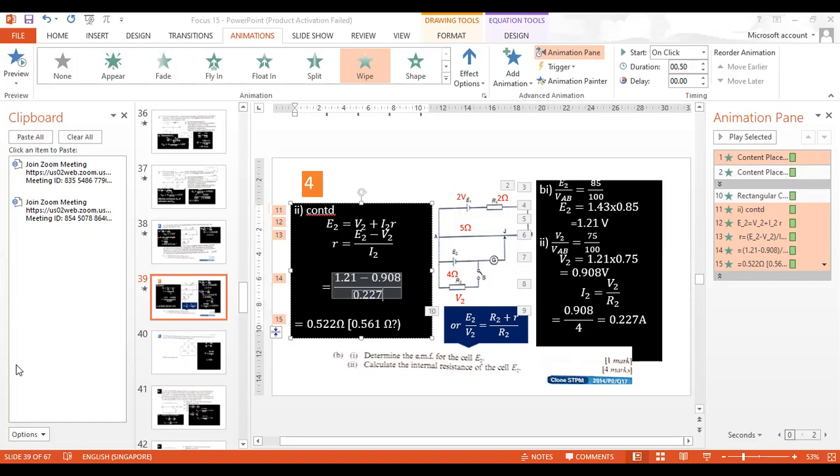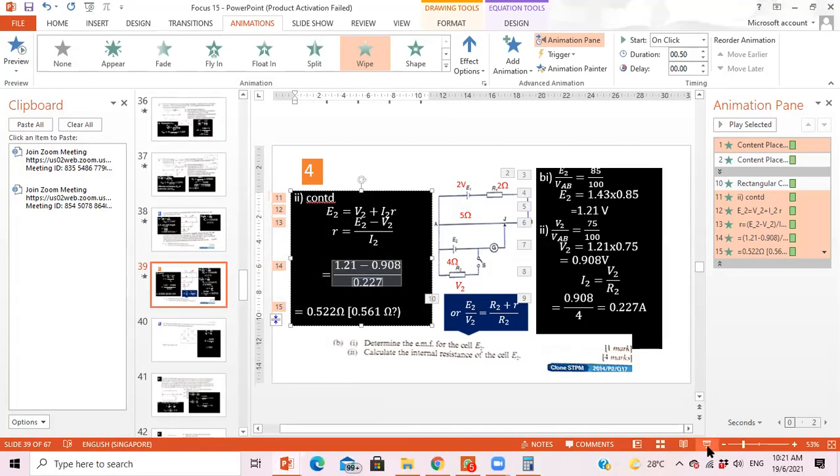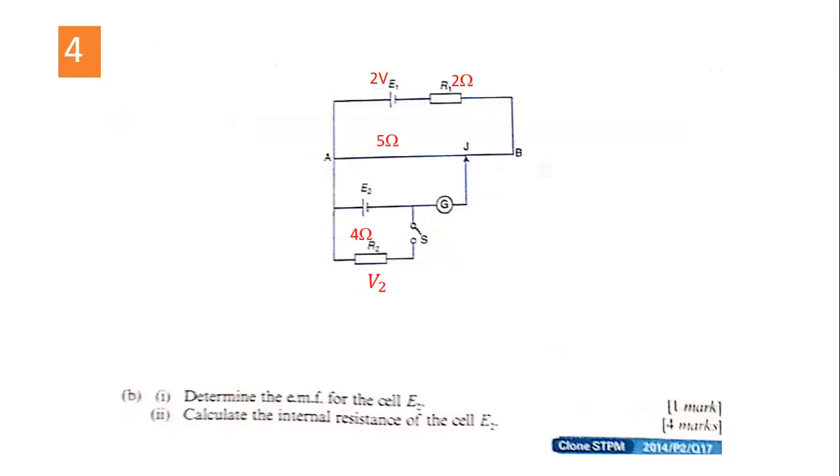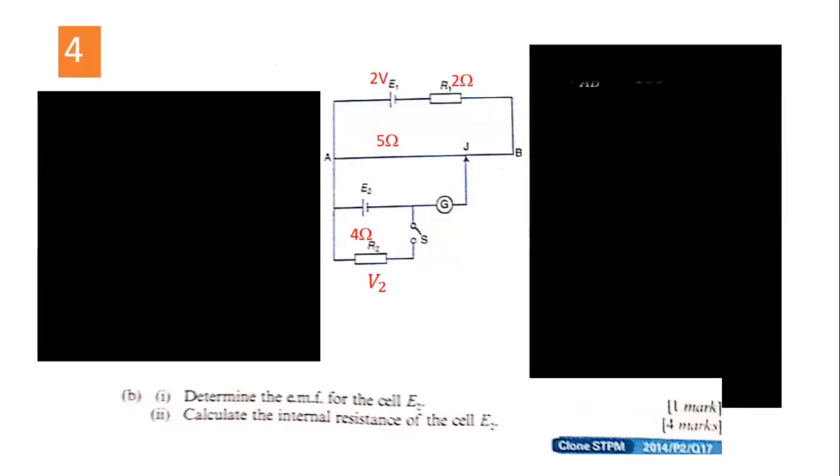It's wrong. Okay, I think we will leave this one out. We have made some mistake there. So rather than spend the time doing all that correction, you can check yourself if you want to.